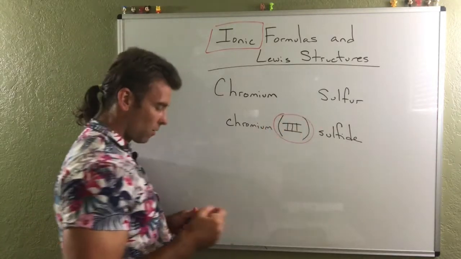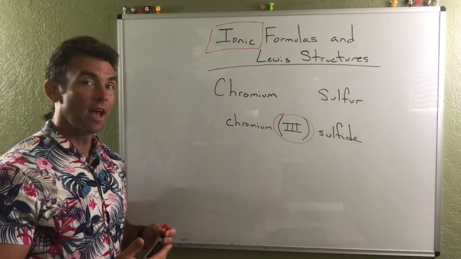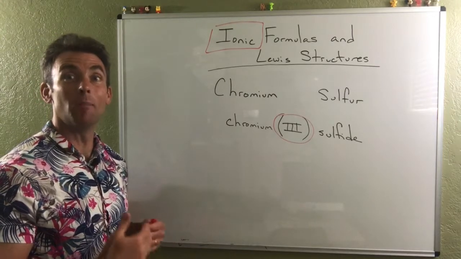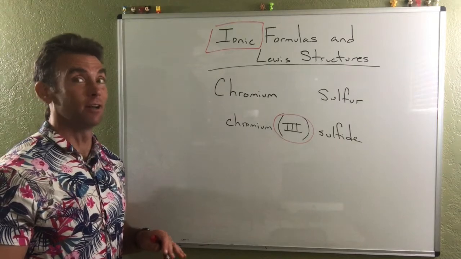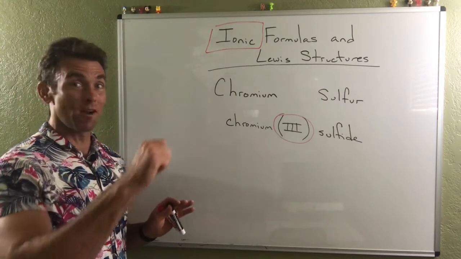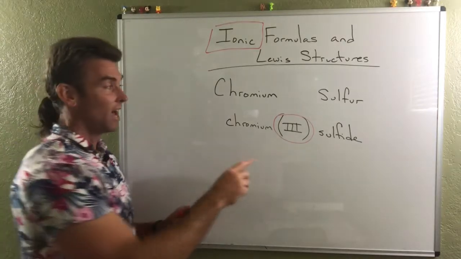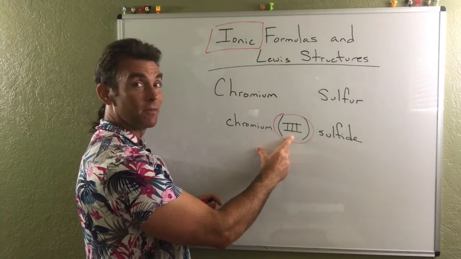A Roman numeral always corresponds to the charge on the metal, and almost never corresponds to the number of metals in your formula. That's something that drives students bonkers. So put it somewhere in big letters, circle it, and put exclamation marks around it: the Roman numeral indicates the charge of the metal.